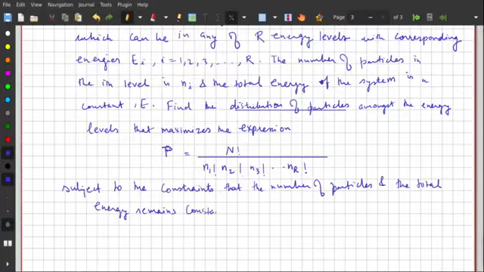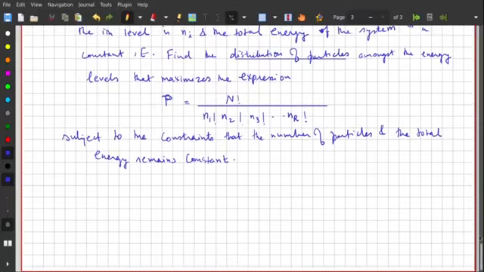What we essentially imply is that we want to preserve mass conservation and energy conservation, so we want to deal with an isolated system basically.